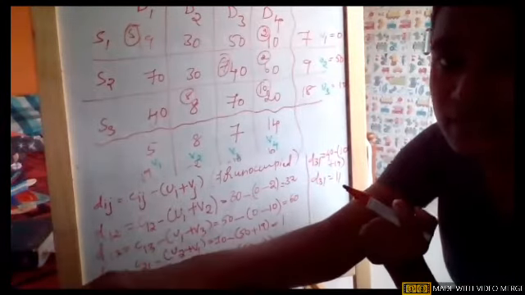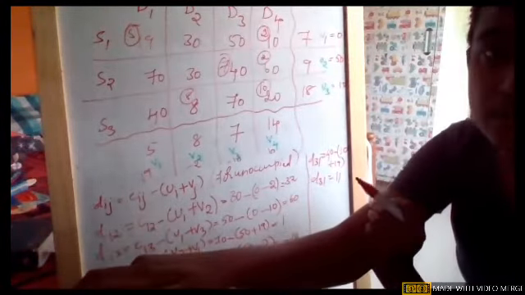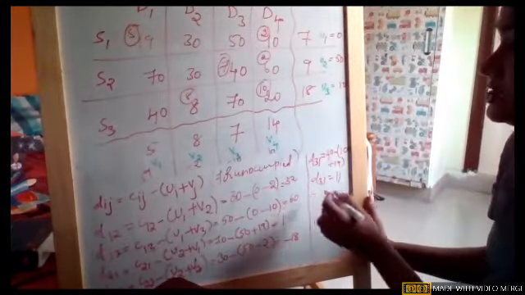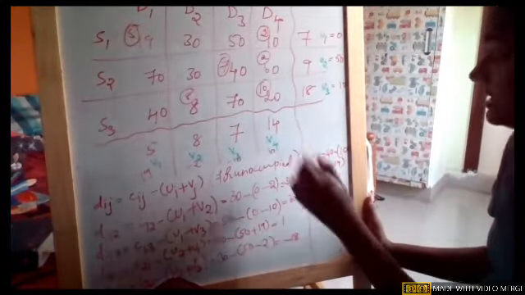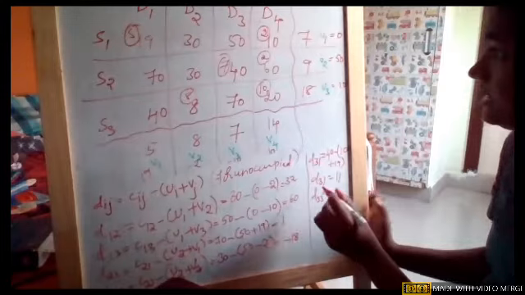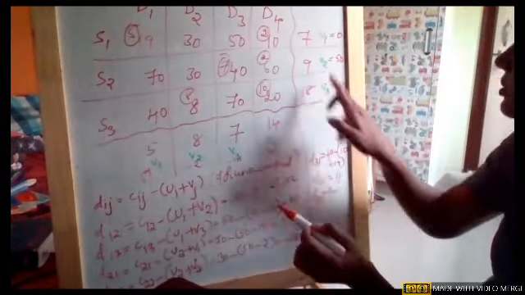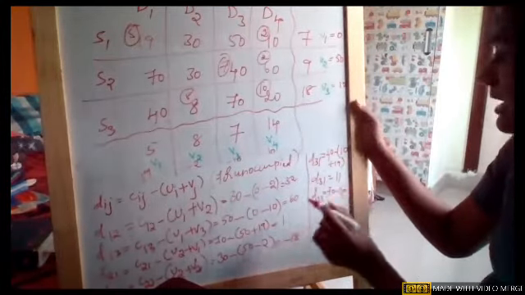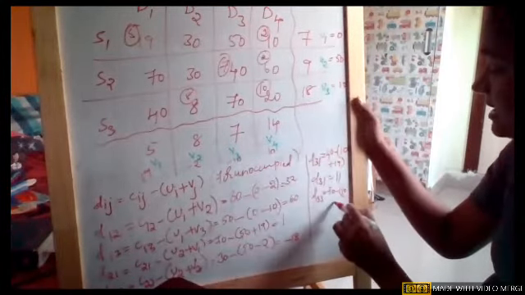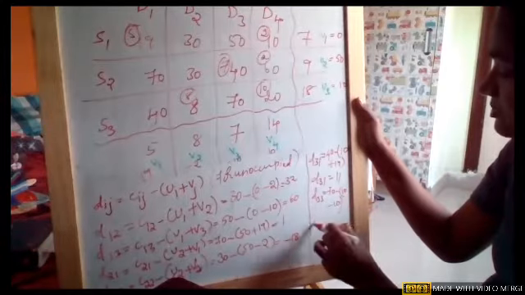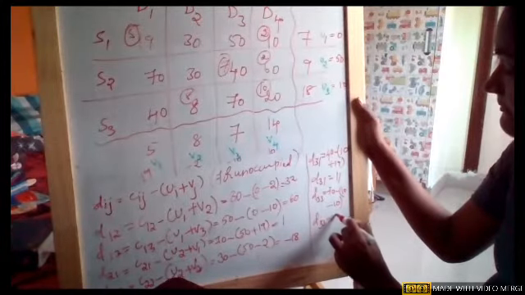Or am I just going in my own flow? If you have any doubt, you can immediately stop me and ask me. We are getting, ma'am. The unoccupied cell is D33. So the cost is 70 minus U3 value 10 and V3 value minus 10. So D33 is 70.